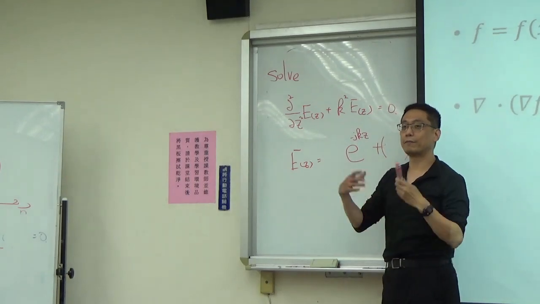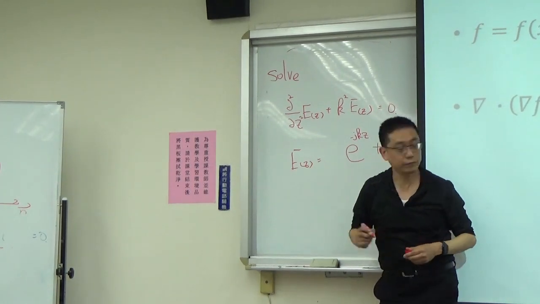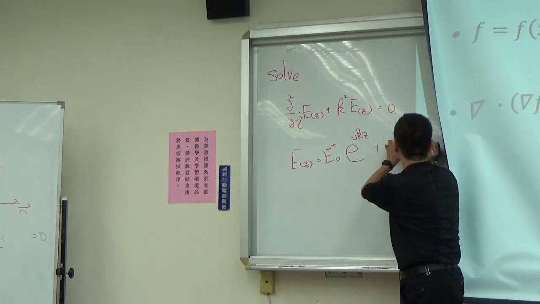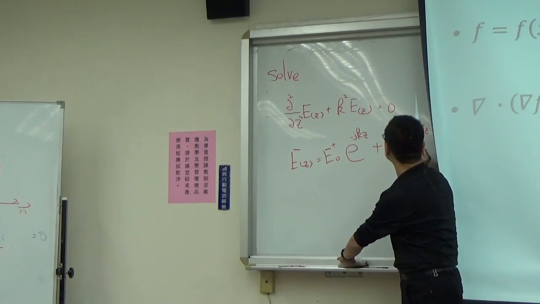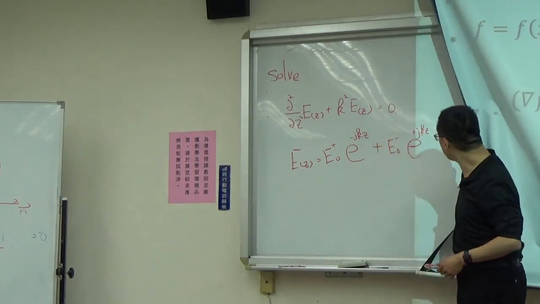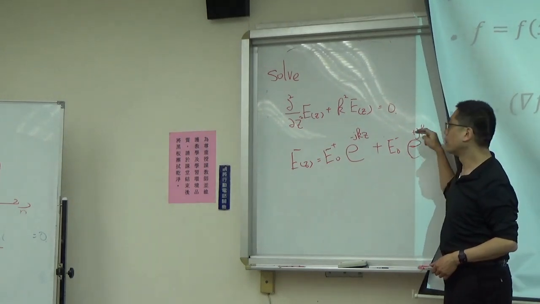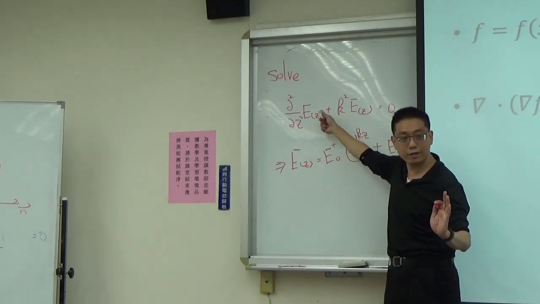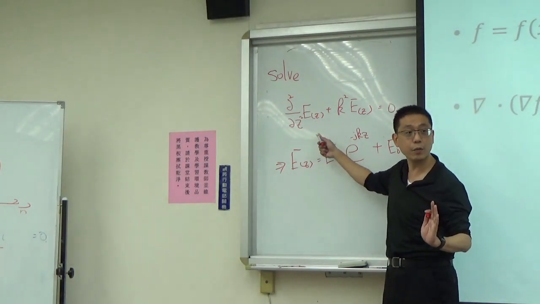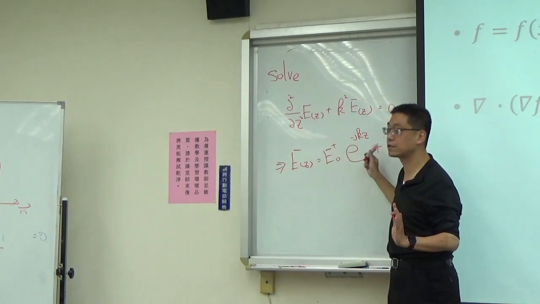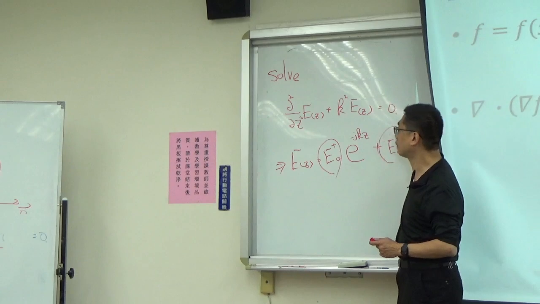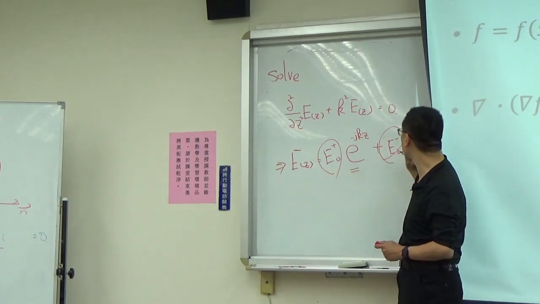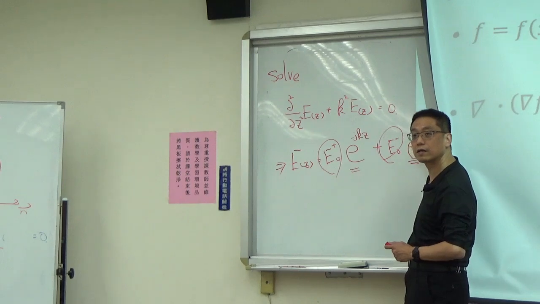So we gave it a name. Is that E plus or E minus? Can all of you see that? Maybe you have a question about why, but this equation is solved in a calculus class. The calculus class says the solution looks like this. Therefore, the magnitude we don't know, but it always has the form of exponential minus jkz and exponential plus jkz.